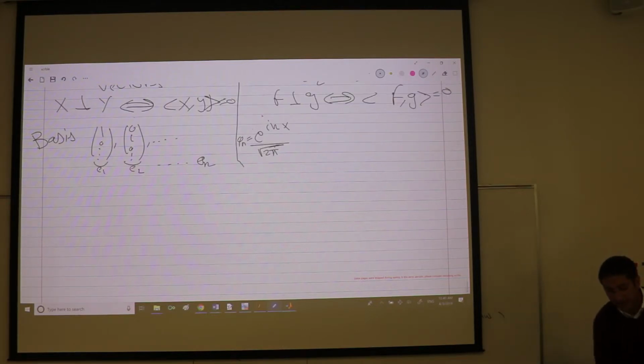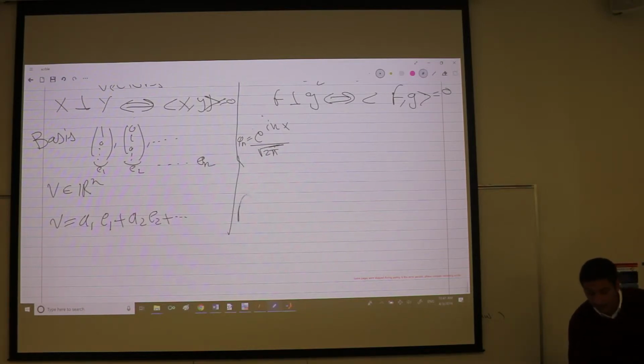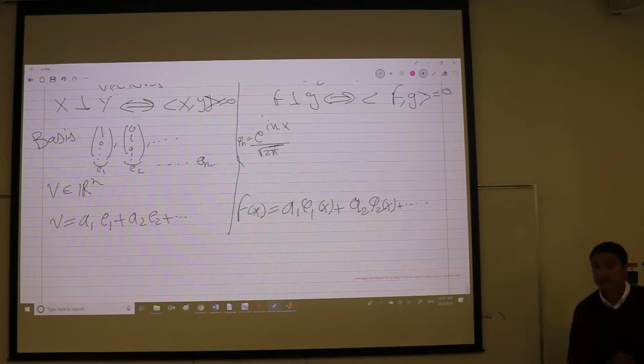I can expand any vector in Rn as coefficients in terms of these basis vectors, a1 e1 plus a2 e2, and so on. The exact same thing here. You have a function in L2. You can expand it as a1 phi 1 of x plus a2 phi 2 of x, plus and so on.